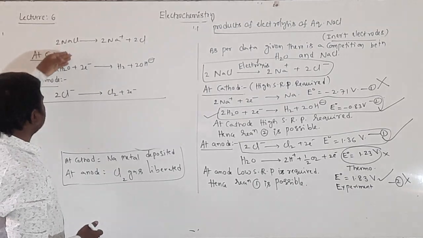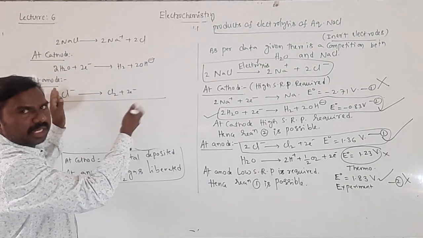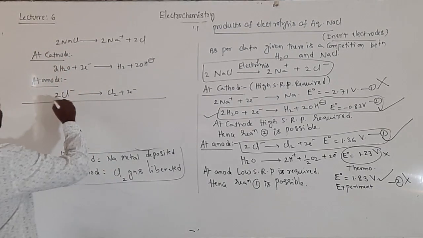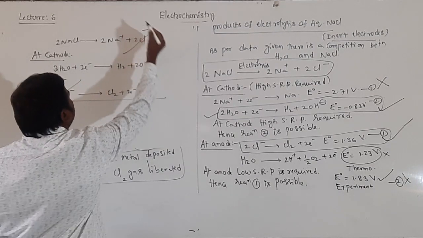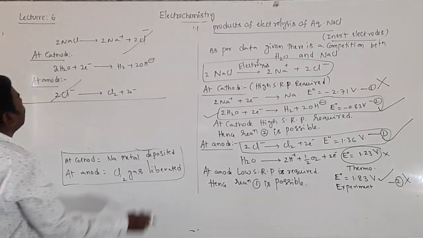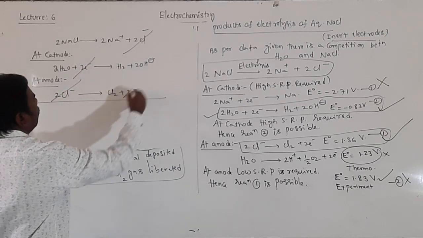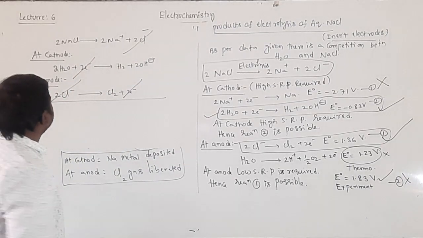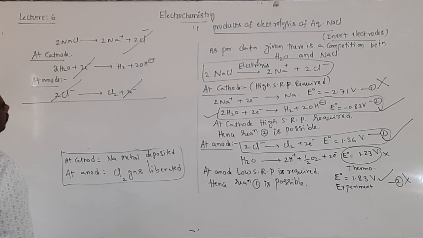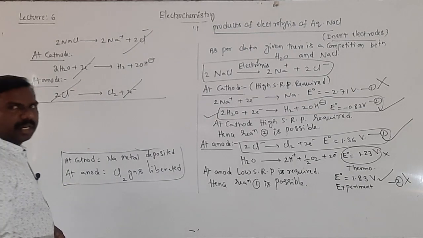The identical species on both sides will be cancelled. Then 2Cl minus, left and right, will be cancelled. 2 electrons and 2 electrons, left and right, will be cancelled. Next, no other cancellation.